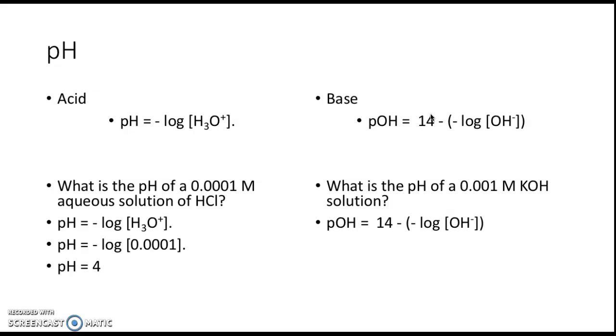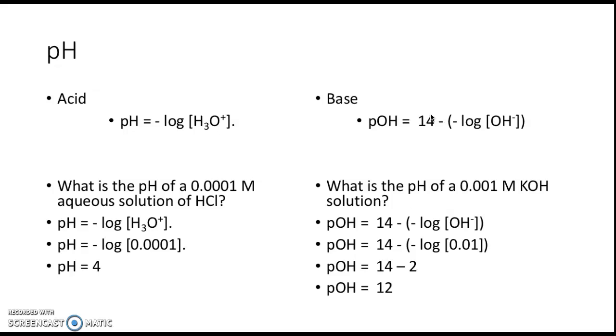I'm going to put the concentration of my base where I see the OH minus, that's 0.01, and then solve for the negative log of 0.01, which gives me 2. So now my formula setup looks like this: 14 minus 2, and 14 minus 2 gives me 12. So that's the pH of my base.